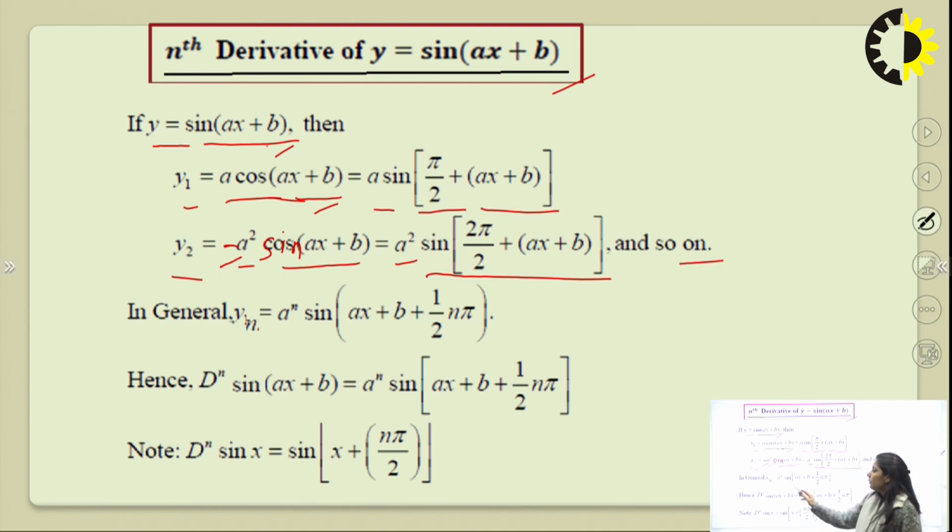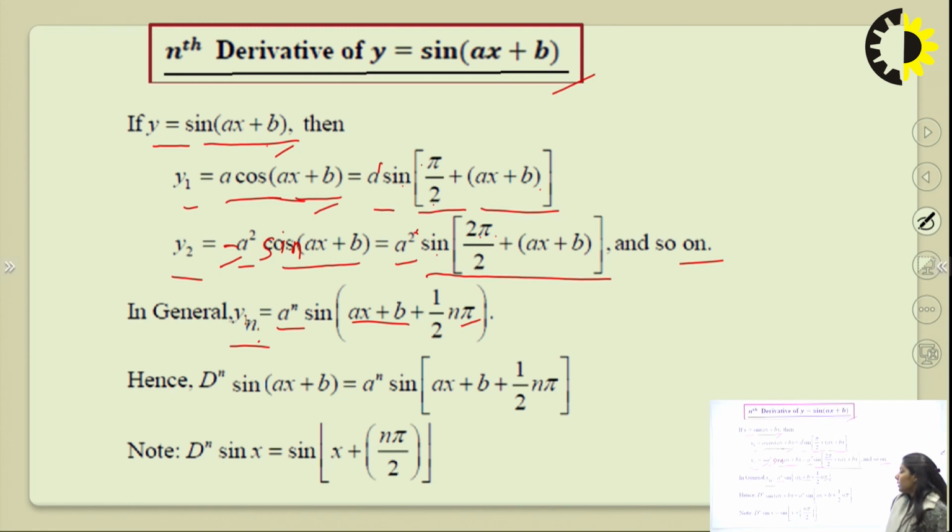In a similar way we can find the nth derivative. Here in y1 a power 1, in y2 a power 2, so in yn here will be a power n. Now in y1 sine pi by 2 plus ax plus b, in y2 sine 2 pi by 2, in y3 here will be 3 pi by 2, and in y4 4 pi by 2. So in general in yn here will be n pi by 2 plus ax plus b.